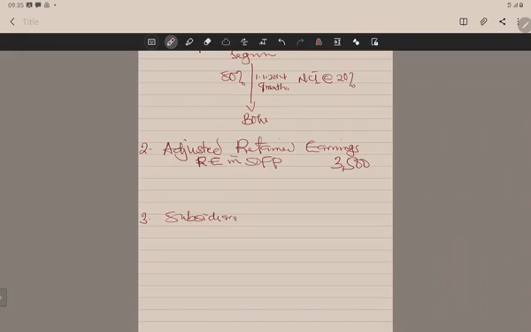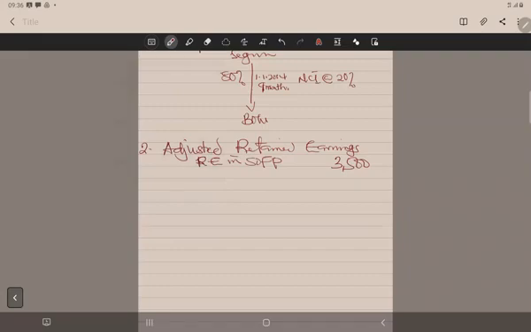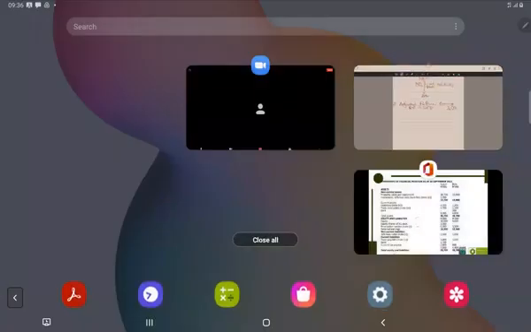Subsidiary, retained earnings, adjusted retained earnings in the SOFP is 3,500. Go to the question.